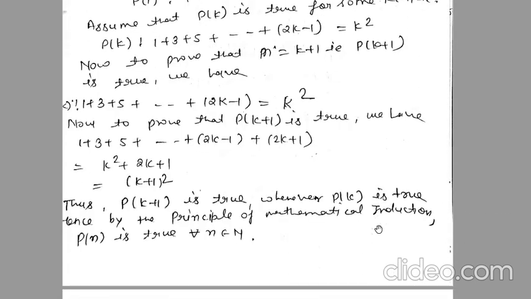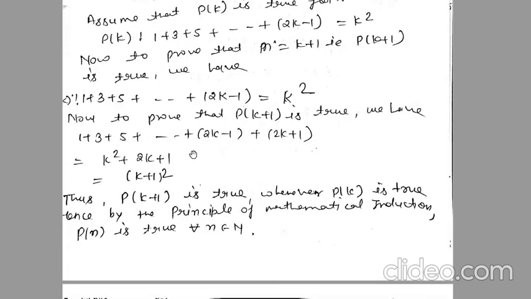So look here: 1 plus 3 plus 5 and so on up to 2k minus 1 is equal to k square. This is for the kth term. Now to prove that P(k plus 1) is true, we have 1 plus 3 plus 5 plus and so on, 2k minus 1, plus the next term.